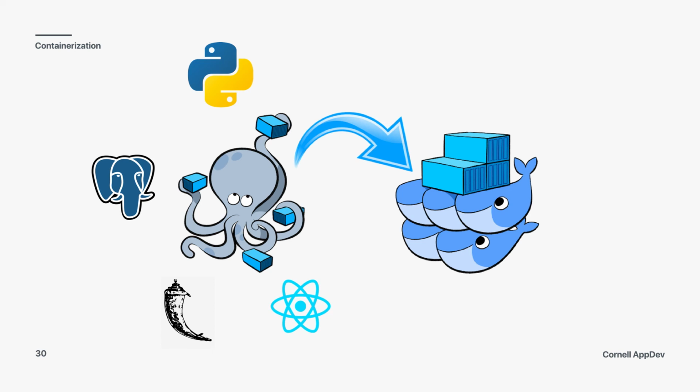And in case you didn't know what these are, this is Python, I think that's Postgres, Flask, and React. So in general, it's nice to abstract different features of your applications into different containers. So that should give you an idea, or an intuition, of what goes behind developers' work.